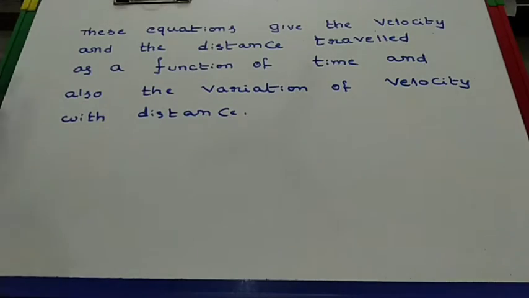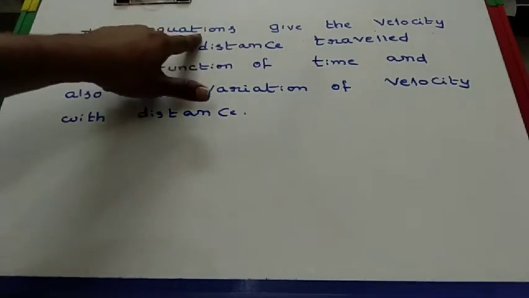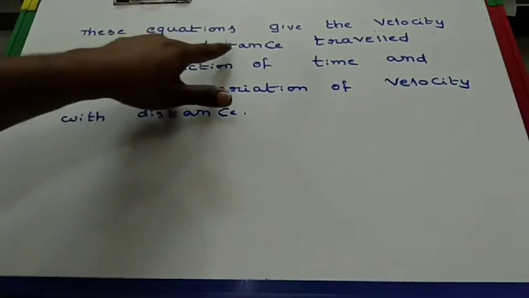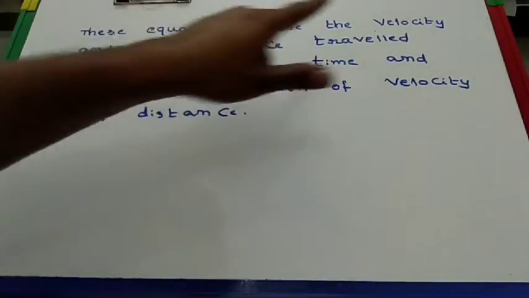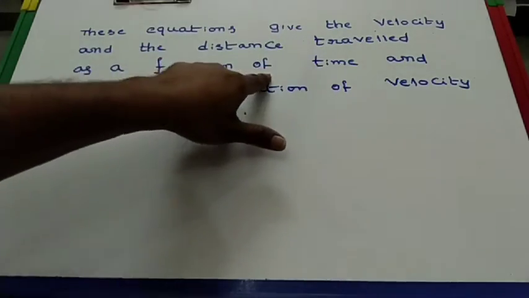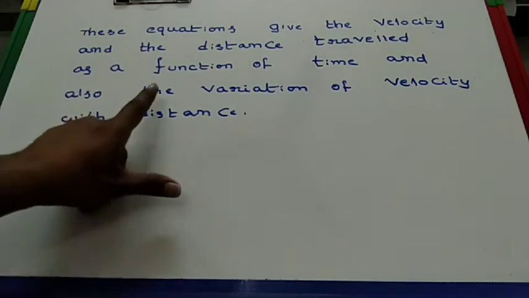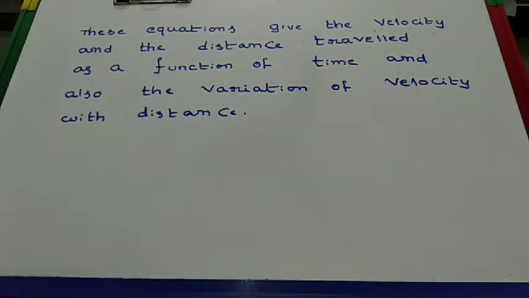Once again, these equations give the velocity and the distance traveled as a function of time, and also the variation of velocity with distance.